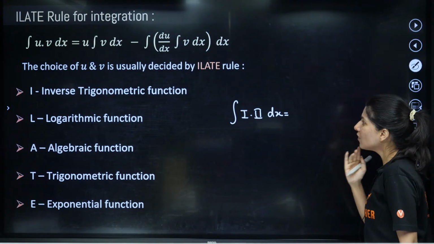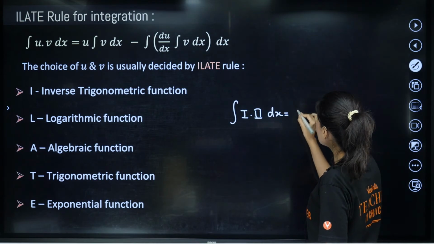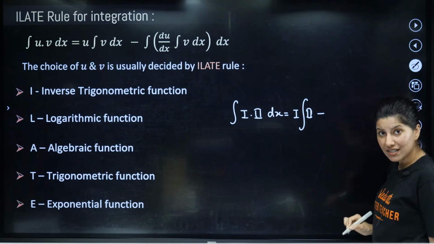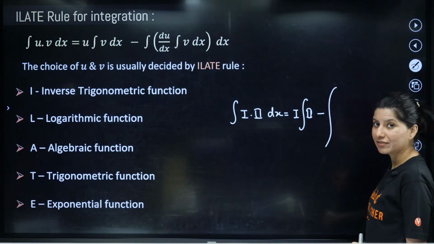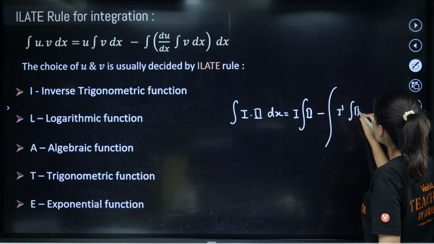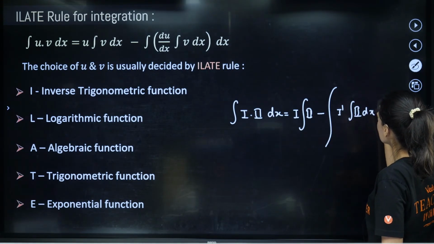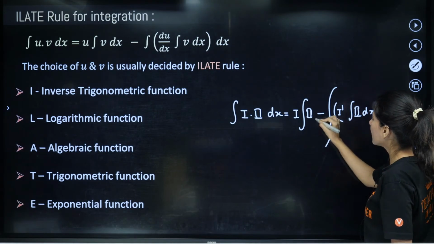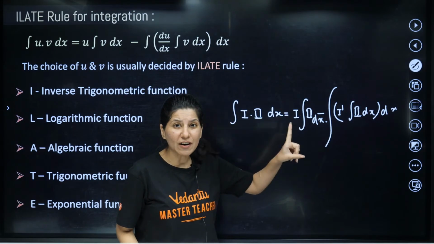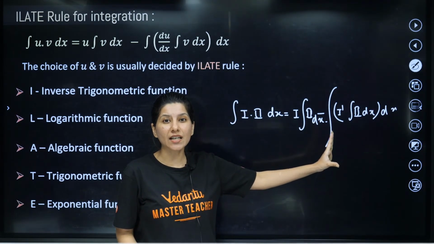Okay? So now first, second. First function you have to keep constant. Integration of second function minus integration of derivative of first function and integration of second function again dx. Okay, so what is happening? So can you see in this, first function is never ever integrated.